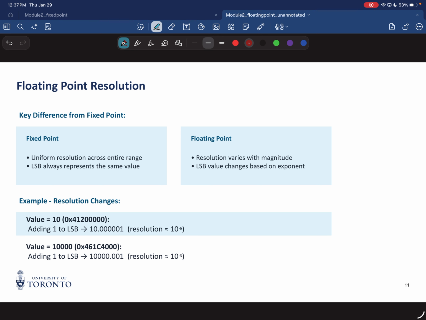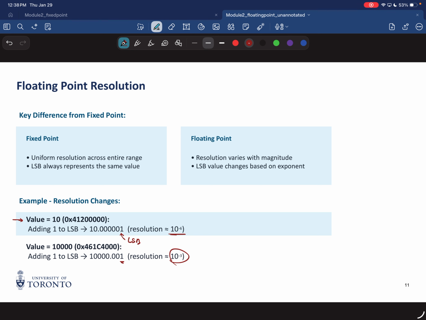So for example, here we are showing 10, and then if you make the LSB go from 0 to 1, this is the added resolution.